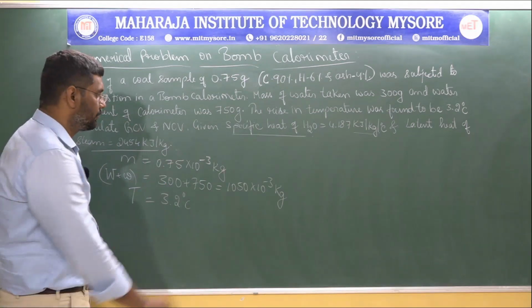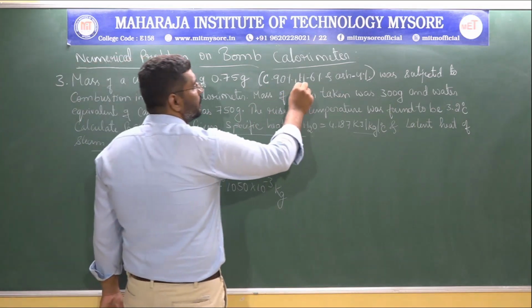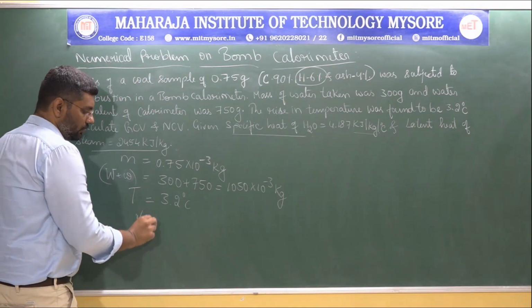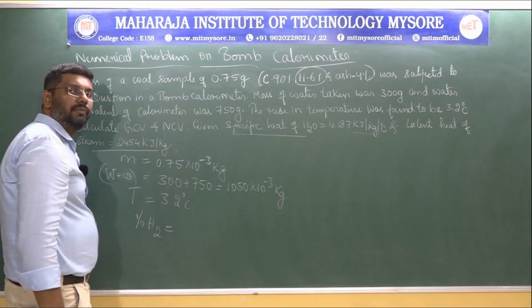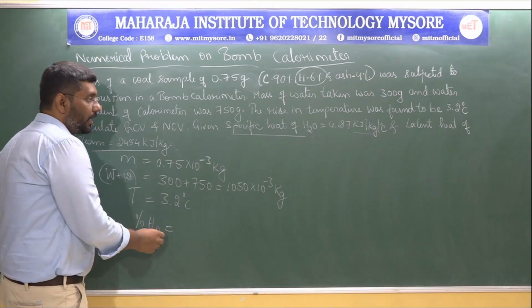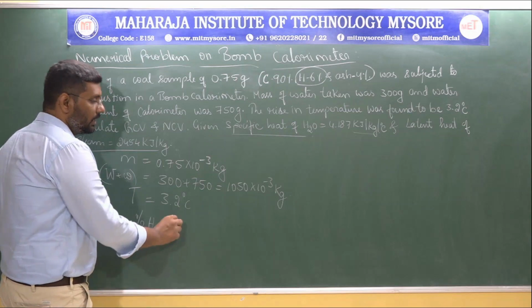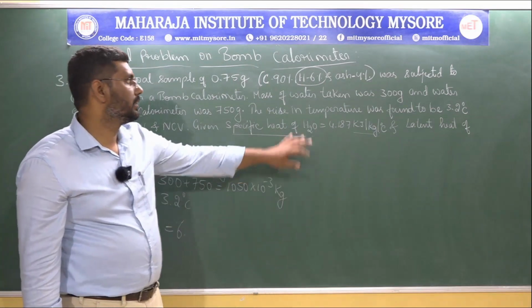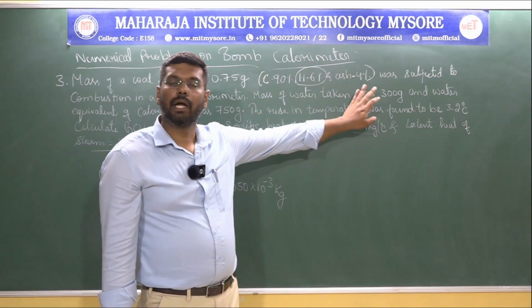The very important thing here is to note down the percentage of hydrogen. Here we require only the percentage of hydrogen to calculate NCV, so you need to consider only hydrogen percentage and not bother about carbon and ash.